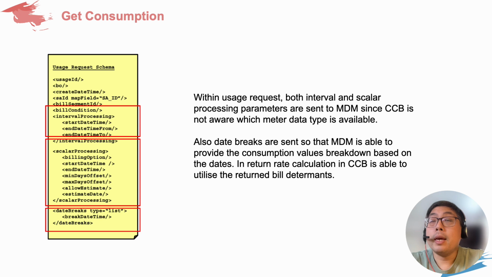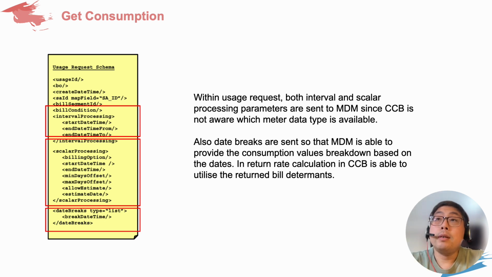In that case, we actually need to know what is the consumption before 1st of April and what is the consumption after 1st of April, because if we don't know, we don't know how to apply the rates proportionally.